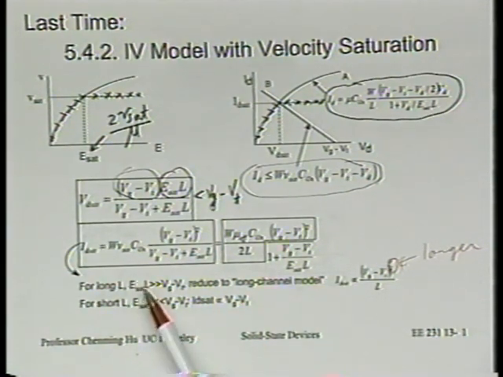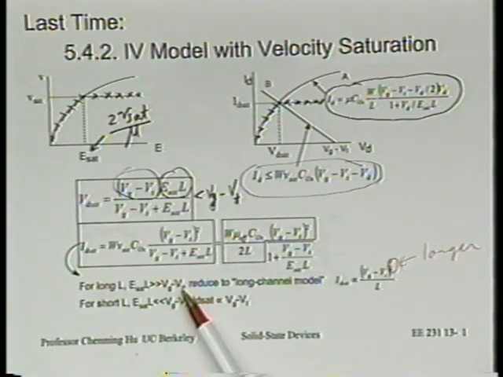Even when the channel is very short, there's always a range of Vg close to Vt where the channel behaves very much like a long channel transistor. Specifically, Vd set will be equal to Vg minus Vt, and ID set will be proportional to Vg minus Vt to the second power.